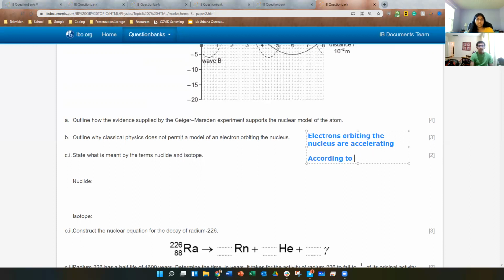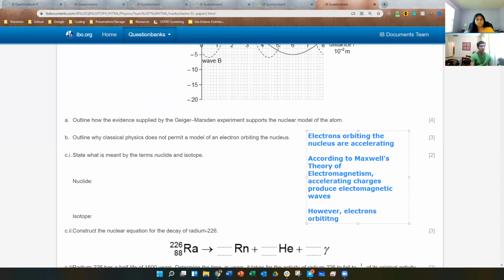And if they're accelerating, they have electromagnetic force or radiation? Is it force or radiation? Accelerating charges generate or produce electromagnetic waves. Oh, okay, waves. However, electrons orbiting the nucleus don't. I don't know what else to put.